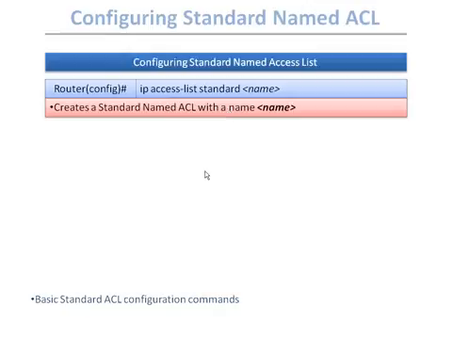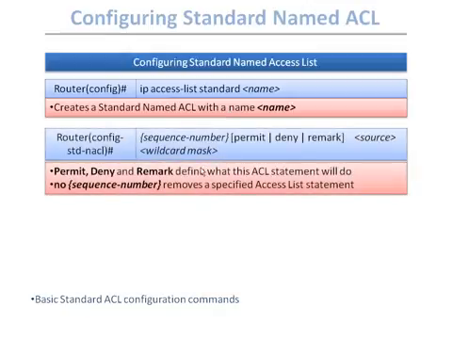To create the statement in a named access list, you have to type permit or deny and then the source, or where the traffic is coming from, and then the source wildcard mask. Also note that we don't keep typing access list and then a number like in a numbered access list. In a numbered access list, we had to type access list and then a number every single time we wanted to create a statement. Here you simply type permit or deny and then the access list will take care of the rest of it.